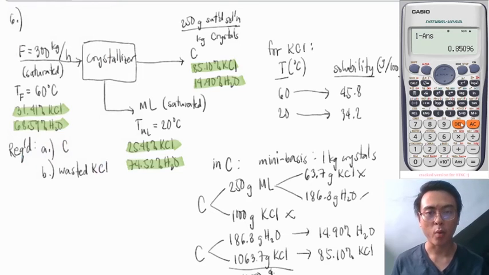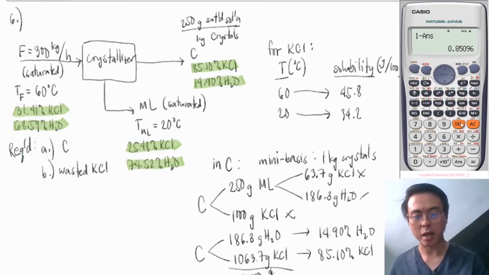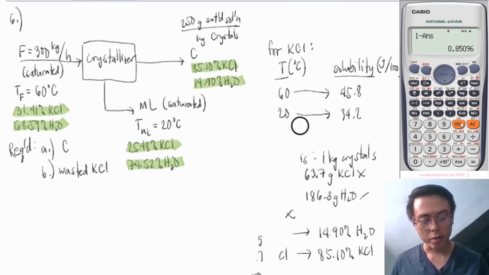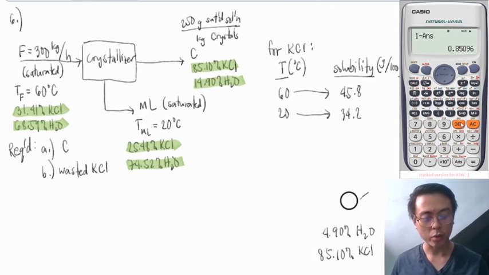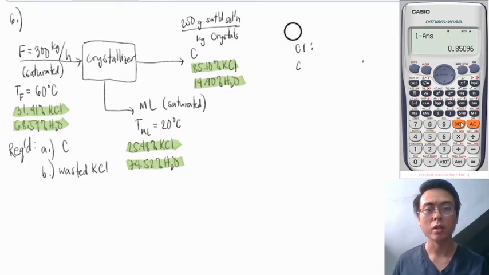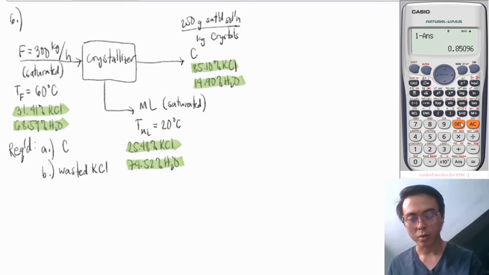Okay, now we are ready to perform the material balances. This solution that I showed you is normally the best solution to tackle crystallization problems. You convert everything first to mass fraction before you proceed to your material balances. Okay, basis.